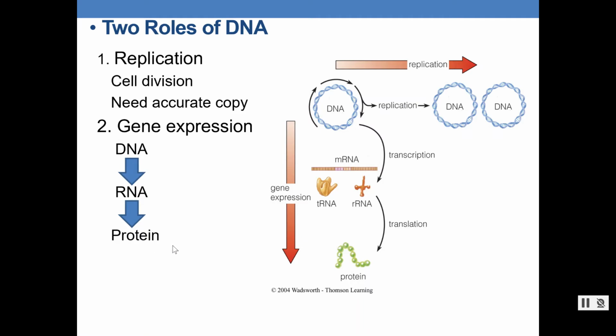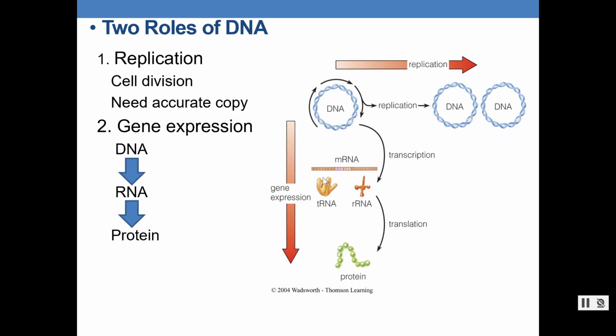So the things you learn here, while geared to a prokaryotic cell, will lay down very nicely on what you've learned in eukaryotic gene expression as well. So DNA to RNA to protein. Because this is so universal, it is called the central dogma, and this makes up gene expression.